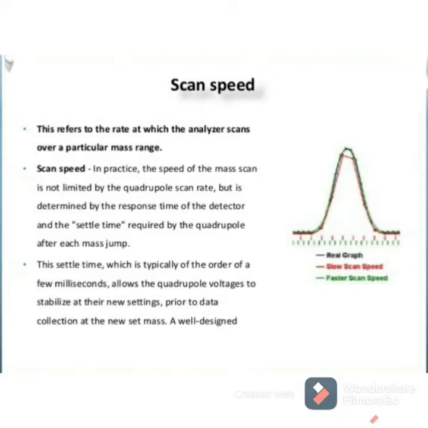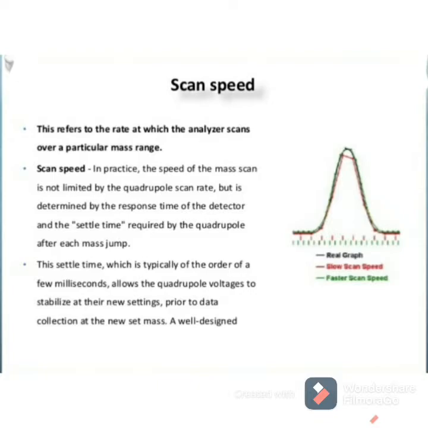The settle time, which is typically of the order of a few milliseconds, allows the quadrupole voltage to stabilize at the new setting prior to data collection at the new set mass.